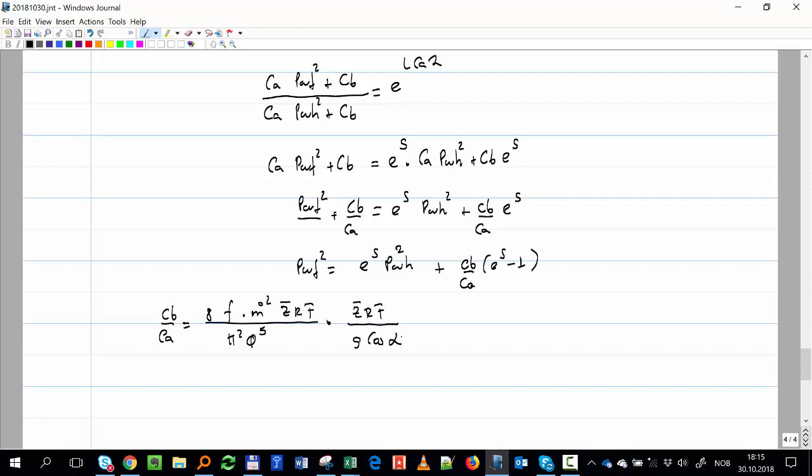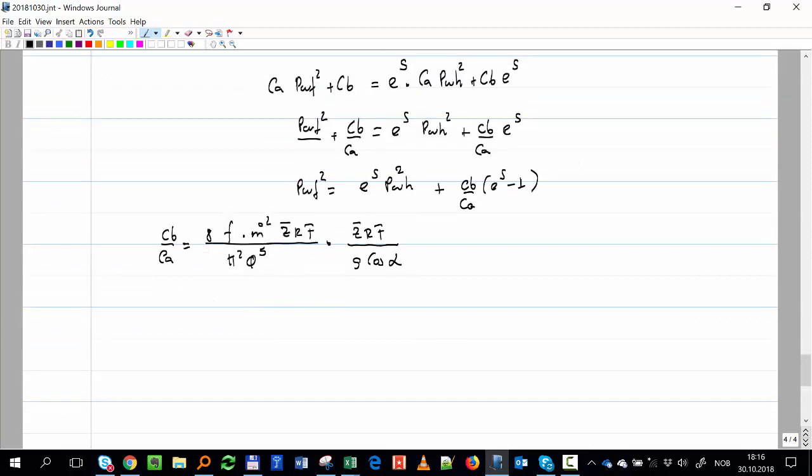Let's see if I didn't make any mistake. Okay, so I say the mass flow was equal to Q standard conditions times the density at standard conditions, right?